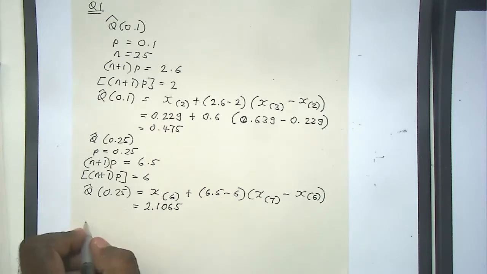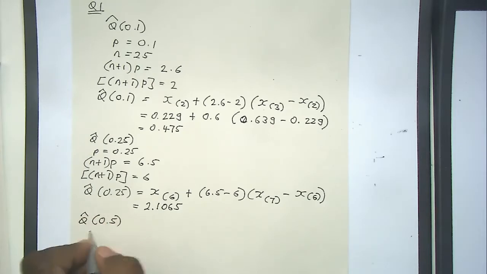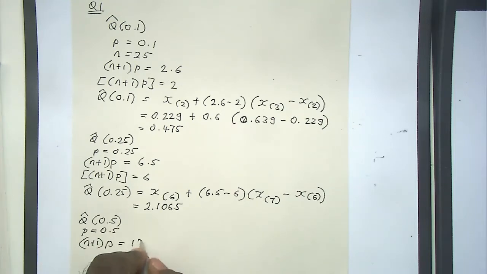The next one is the median, which is Q hat at 0.5. Your P is 0.5. (N plus 1) times P is 13. The integer part is also 13.